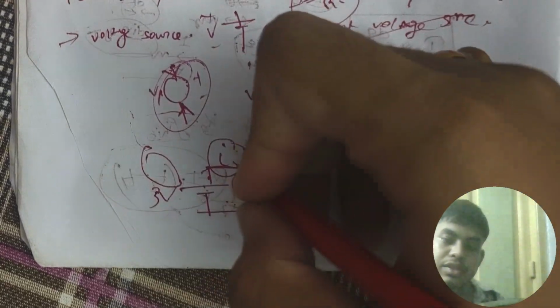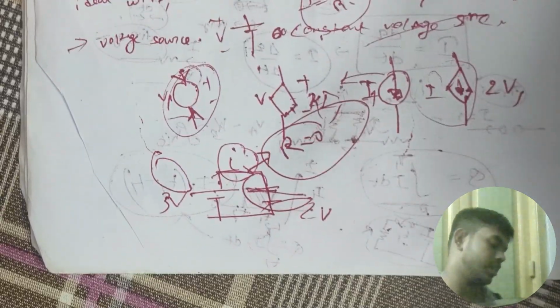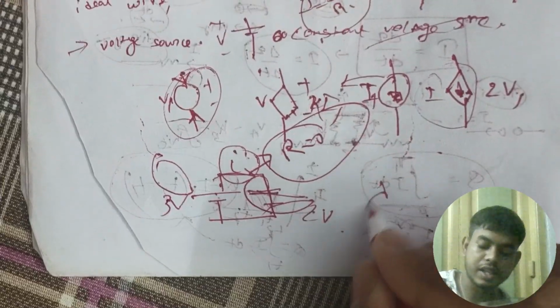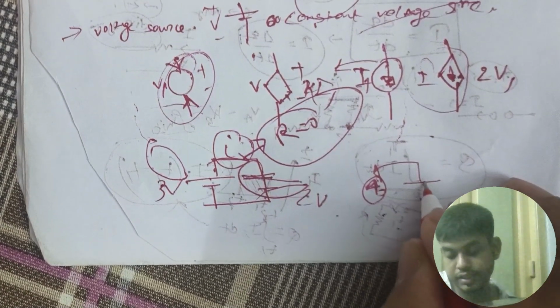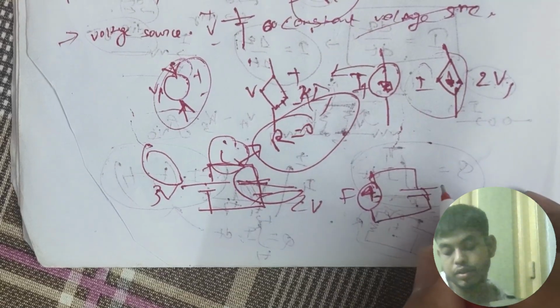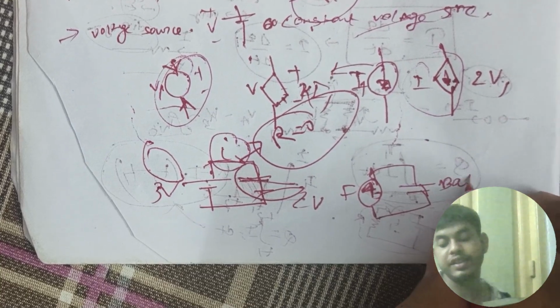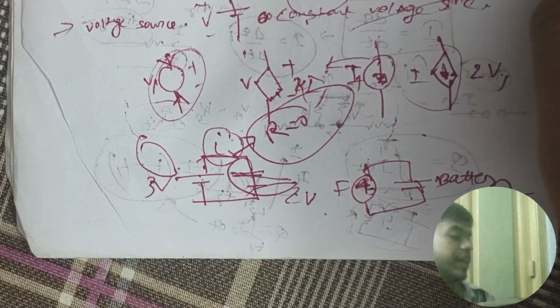Why? Because there is no resistance, R is equal to 0 of an ideal wire. But we can connect a current source. That is how we charge our batteries.